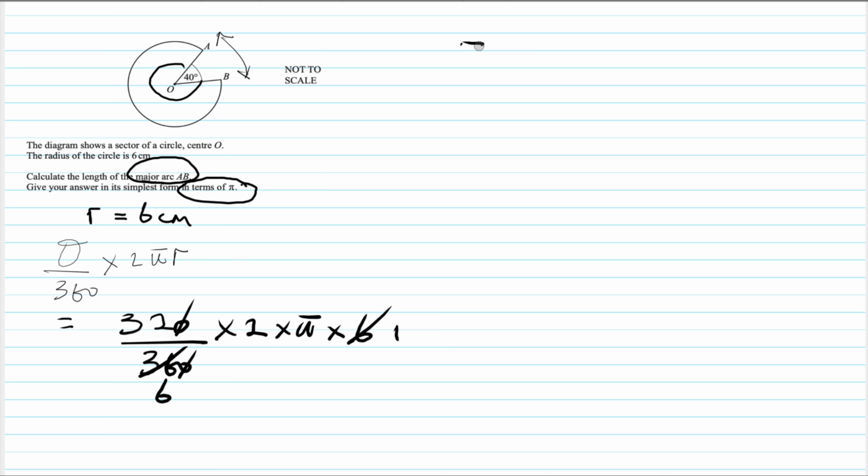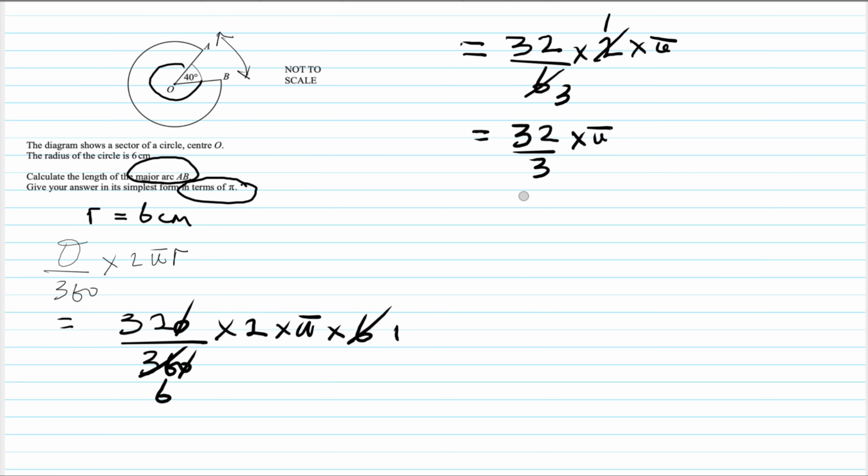So let us just write it over so I have a clearer view. So this is 32 over 6 times 2 times pi. So this is what we have left. So 2 can go into itself once, 2 can go into 6 three times. So what we have is 32 over 3 times pi. Because we are finding in terms of pi, what we'll just have is 32 over 3 pi.